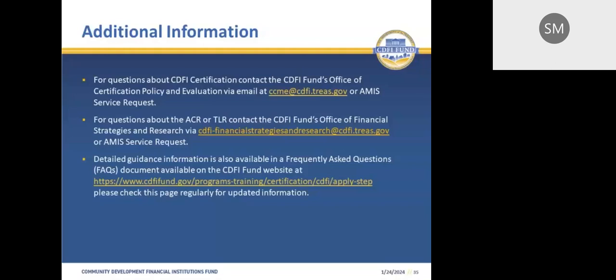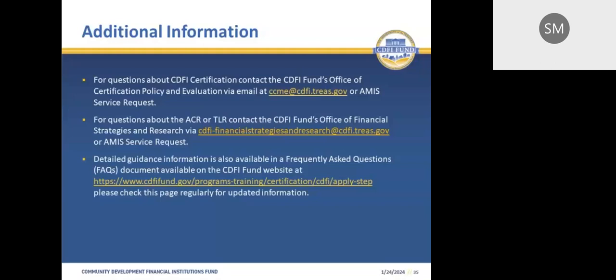Once you come back in for recertification and submit the certification application to come under the new certification policies that went into effect in December, you will have an ACR requirement with the TLR. At that point there will be a connection between the ACR and the TLR. You will do the TLR first, run your target market calculator, and then that information will be pulled into the ACR to let us know these are your numbers and how you're meeting the target market.